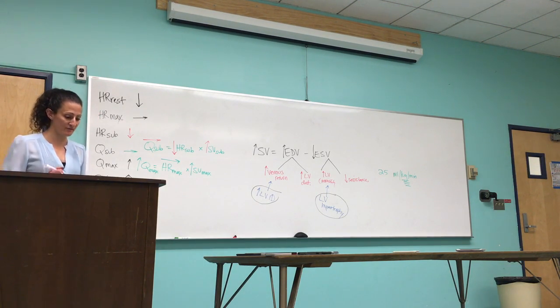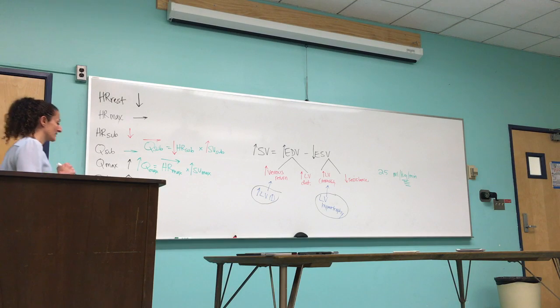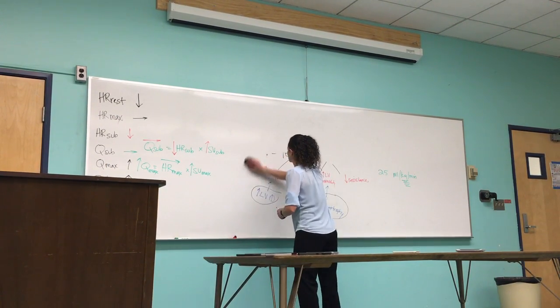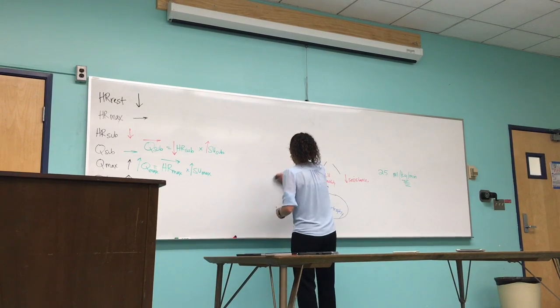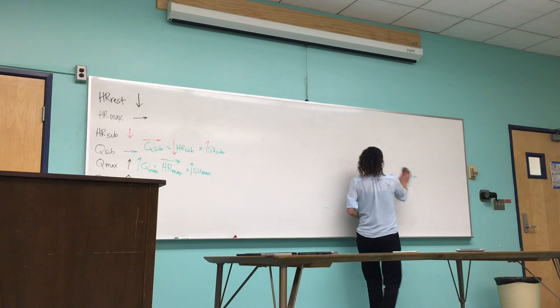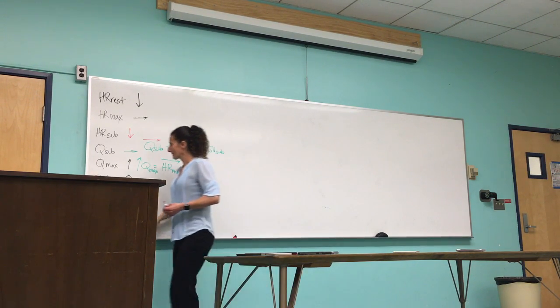So we've done all of these now, which is the entire first page, right? No, we haven't done AVO2. You ready for me to move on to AVO2? I'm sorry, can you explain this, the heart rate submax one more time?